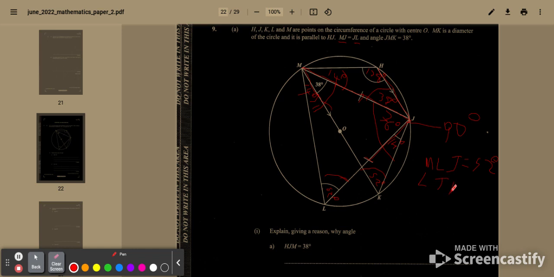And the reason for angle LJK to be 14 degrees is because we can use the same theorem: angles in a semicircle add up to 90 degrees. So 90 degrees minus 76 degrees leaves you with 14 degrees.